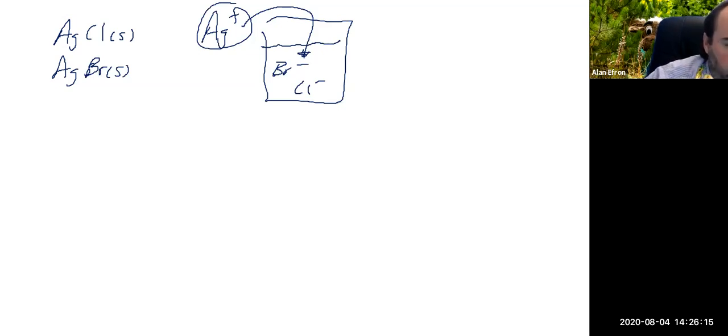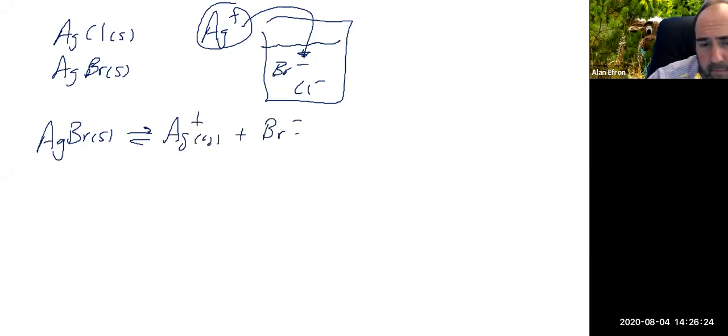So for example, here, if we looked at the silver bromide, and again, the KSP would equal our silver concentration and our bromide concentration.